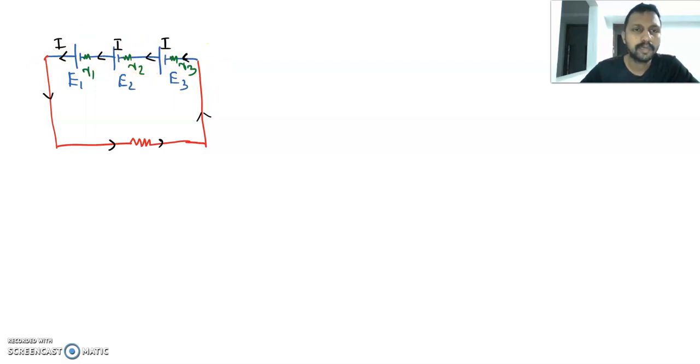Then, what about the potential difference across each cell? It will be different.